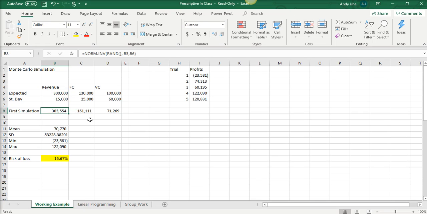So our first simulation, we get revenue of 303,000, which is actually pretty close to our mean. Fixed cost of 161, variable of 71,000, and we've got 5 trials here. This is just this simulation, but done 5 times.